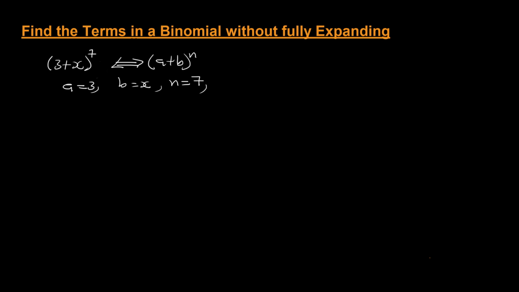Now, from our previous lesson, the fifth term is equal to the r plus 1th term. So here it implies that r is equal to 5 minus 1, which is equal to 4.